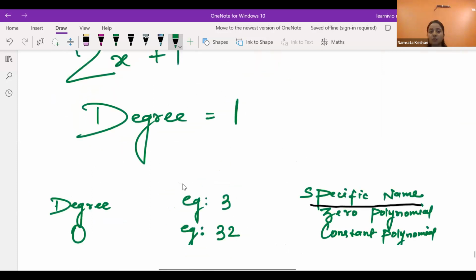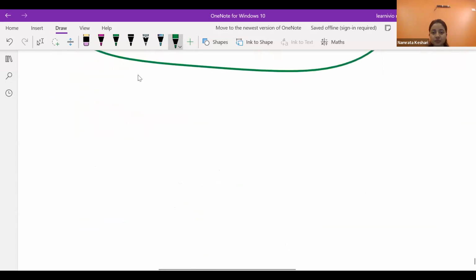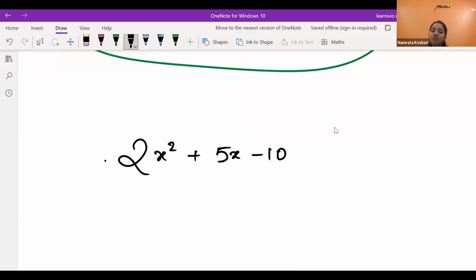Suppose we are having, can you see the screen? Yeah, ma'am. Suppose we are having 2x square plus 5x minus 10. If I will ask you, Gauri, what is coefficient of x square over here? Can you tell me? 2. Positive 2. Okay.